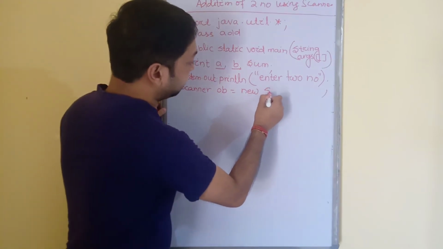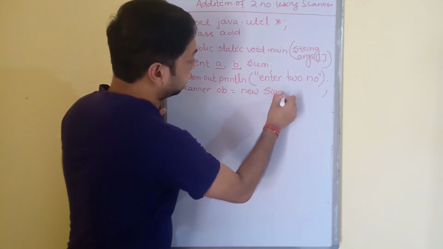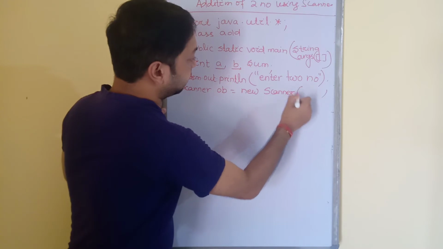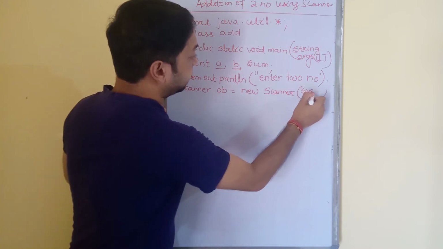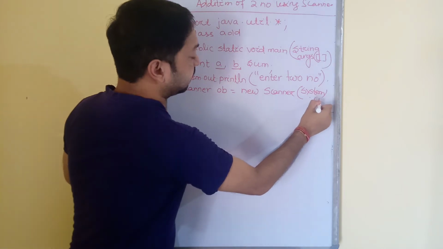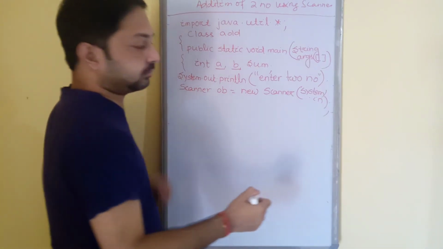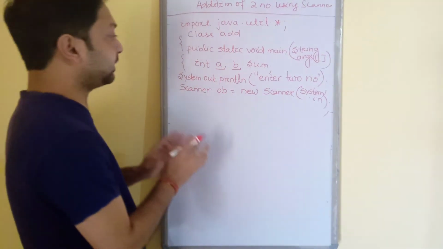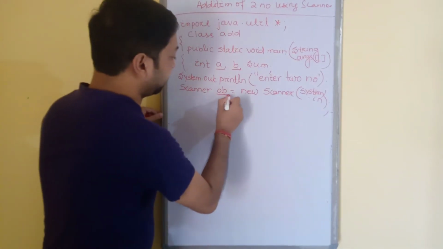Then we call the Scanner constructor with System.in, because we are using it for input. Now we have created the object ob.